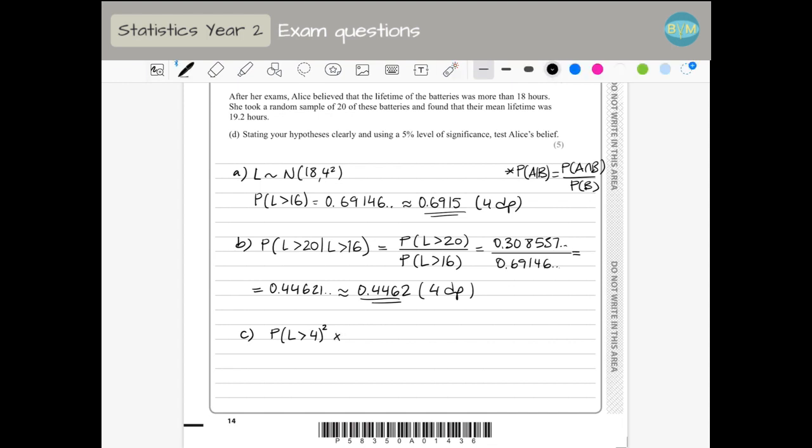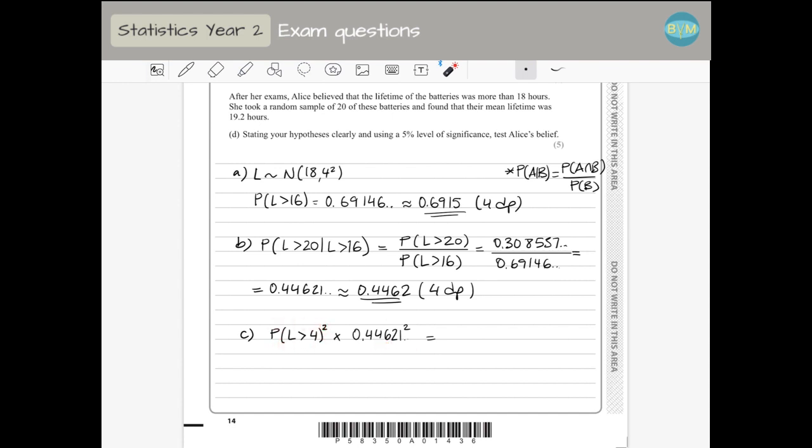And the other 2 working at least 20 hours when they have worked 16 hours. So the old ones, the ones that have been 16 hours, I want to see if they last more than 20, and I found that probability. So I'm really doing 0.44621 squared. So 2 new batteries, 2 old batteries.